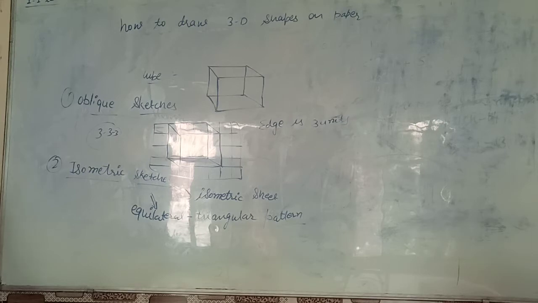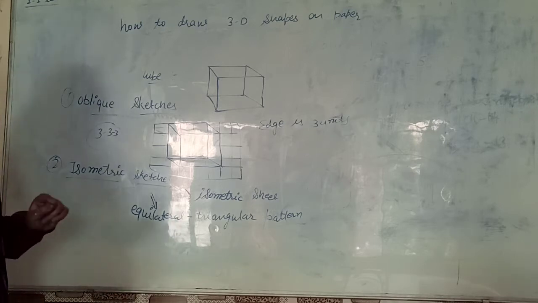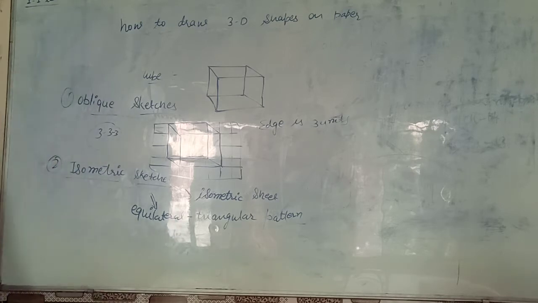I will tell you how to draw these, and I will show you also. So two techniques are used to represent 3D shapes on a plane surface. First one is oblique sketch, second one is isometric sketches. Now we will know more about these two types of sketches, how they work, and how different kinds of solid shapes are made on these sheets.